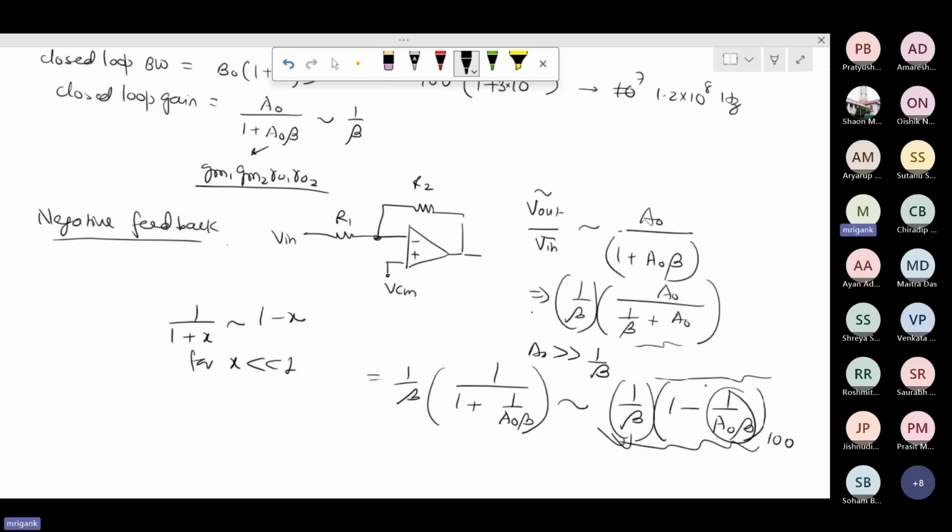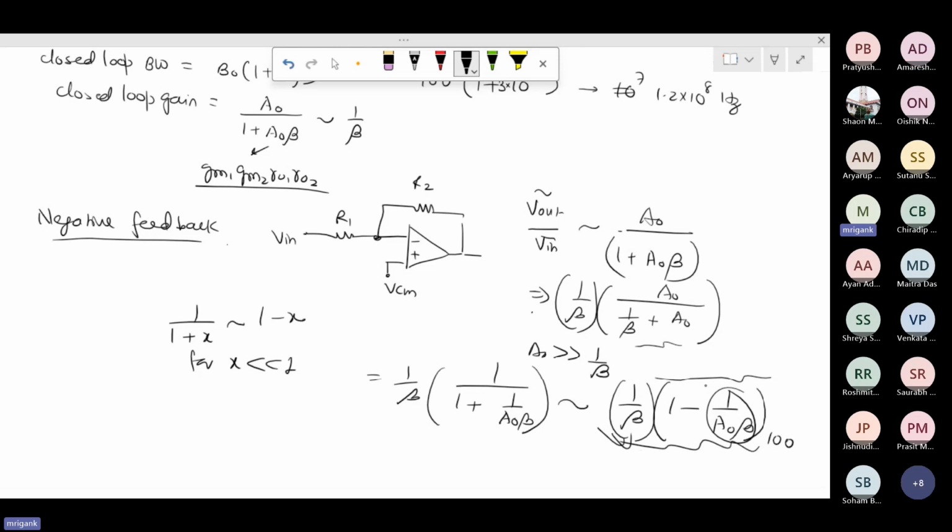So this A naught beta magnitude will depend upon the precision of gain that you require. Suppose you are targeting a very high precision ADC. The DSP signal processing people tell you that my data precision should be very high. I need a 10-bit ADC. 10-bit ADC means what?